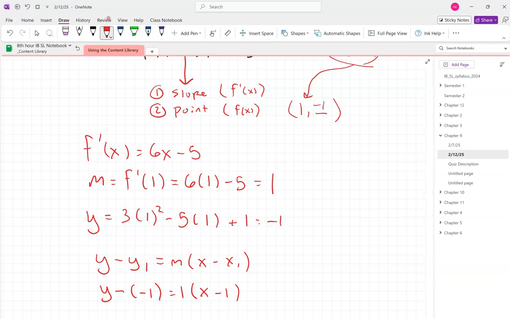Does this feel okay? These last kinds of problems are usually the most challenging because you have to be careful that you're using f and f prime appropriately to do different parts of the problem. The easiest thing to do is get lost and start using f prime when you should be using f, or using f when you should be using f prime. But this is the gist of it.